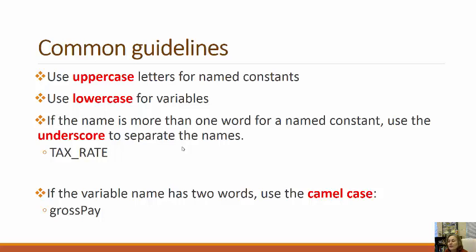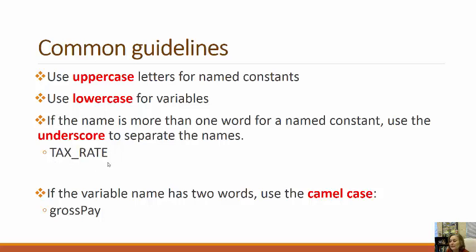Uppercase letters are for named constants. So in other words, if you're using pi as a named constant, you would put all that word in uppercase. We use lowercase characters for variables. And if the name is more than one word, you use an underscore to separate the names if it's a named constant, like here, tax underscore rate.